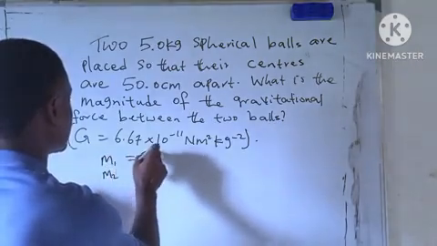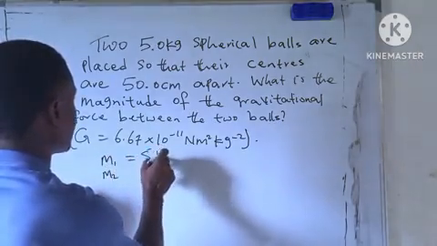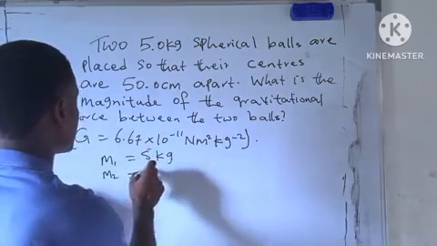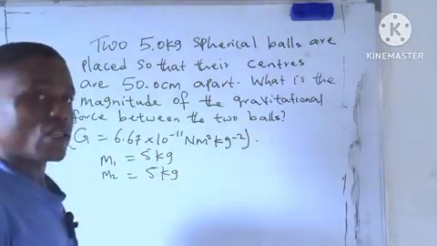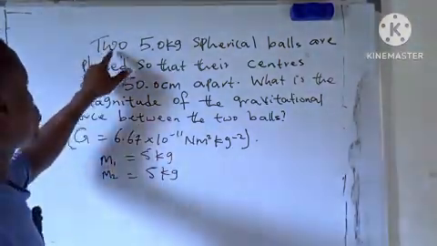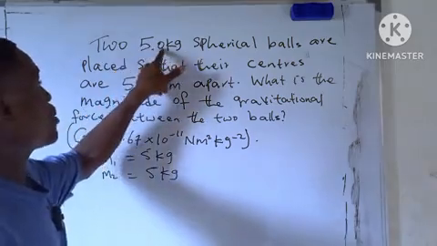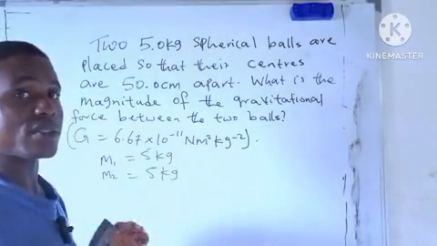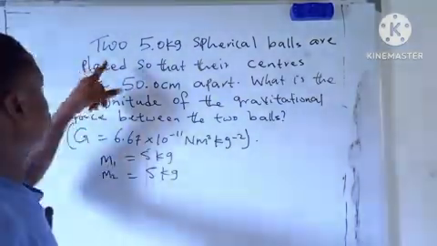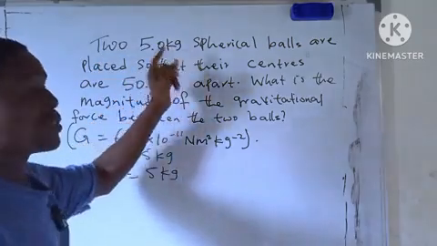The first one is 5 kg, and the second one too is 5 kg. So don't be confused. 5.0 is still the same thing as 5. Take note, they said 5 kg, two of them.